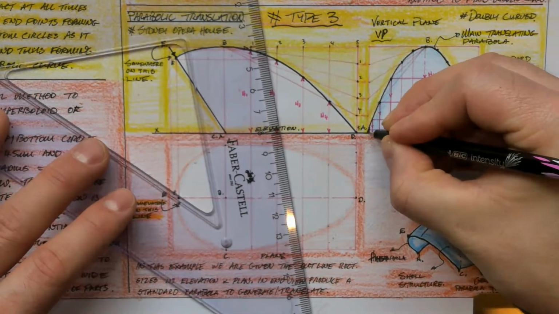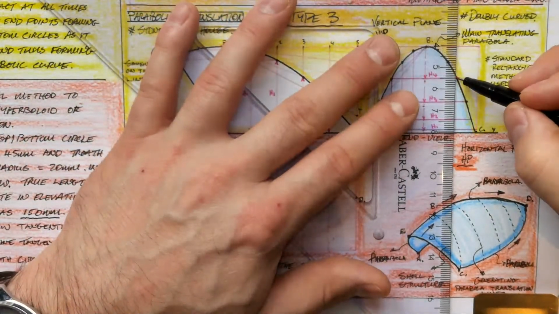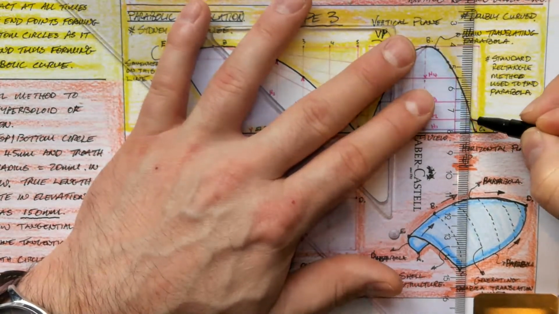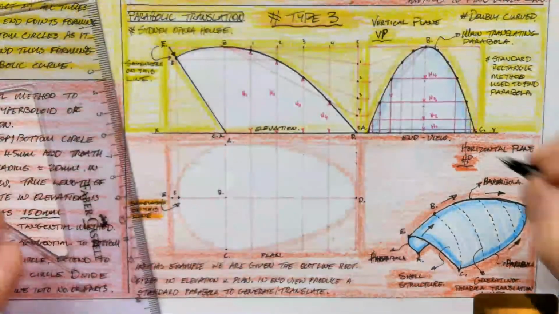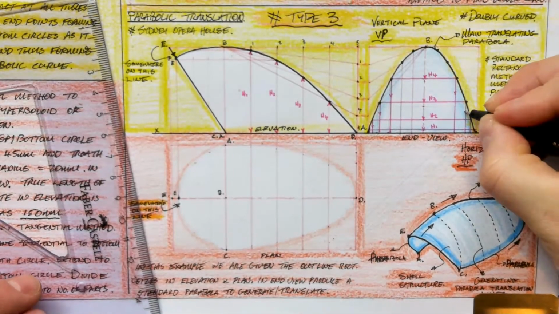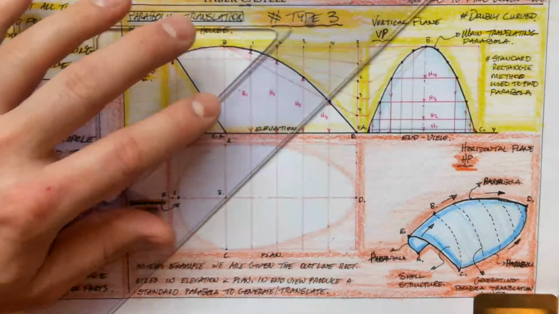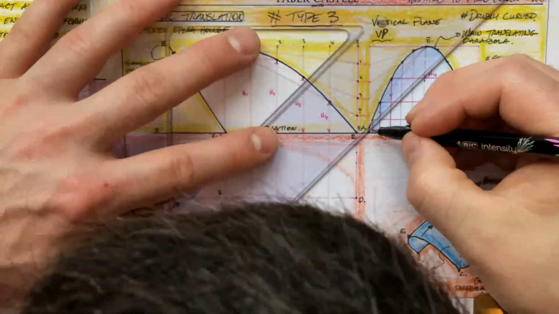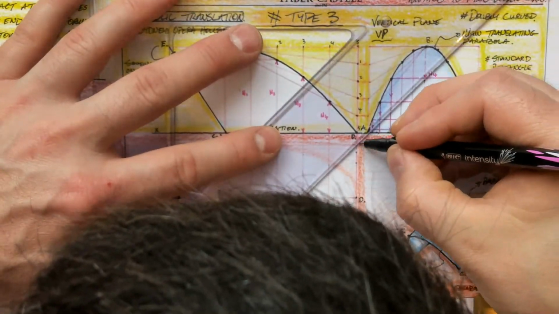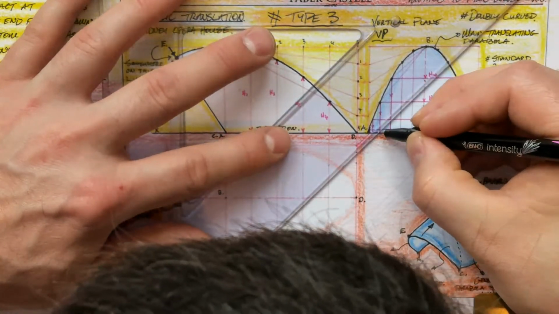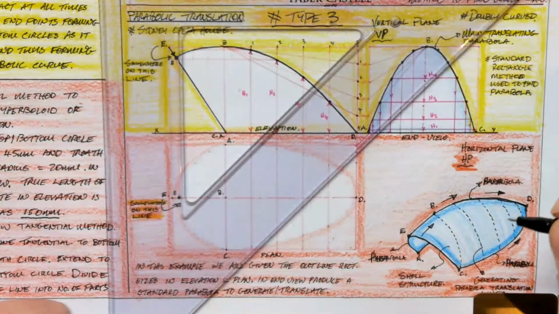And I'm going to transfer them into the actual plan view from the end view. As you know from basic orthographic projection, we simply bring those points from the XY line at 45 degrees down into the plan view. Again, I'll continue those down in the same color. The points are a little bit tight there, but it doesn't matter.